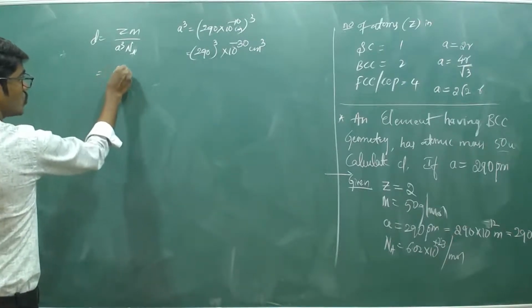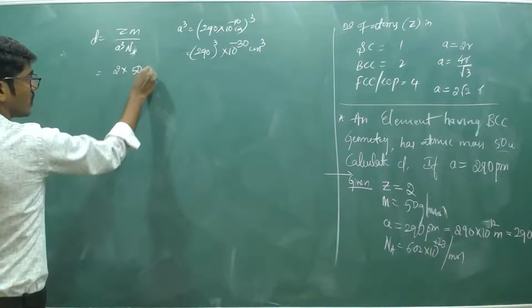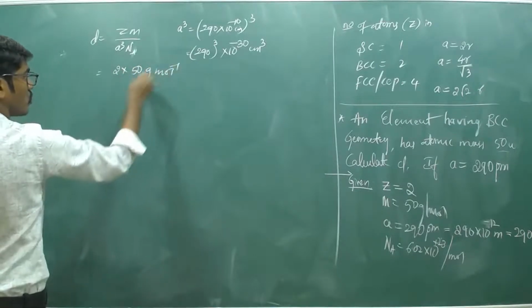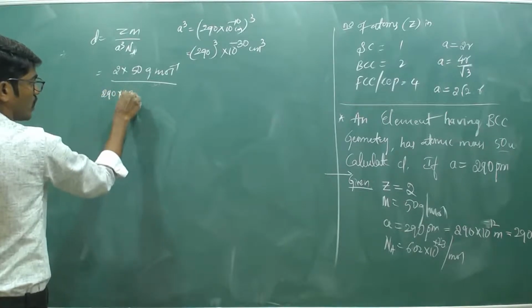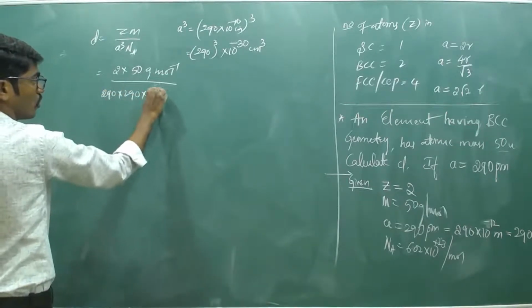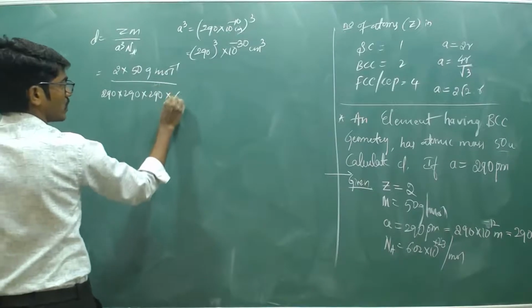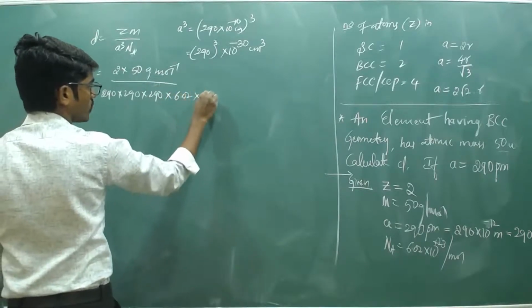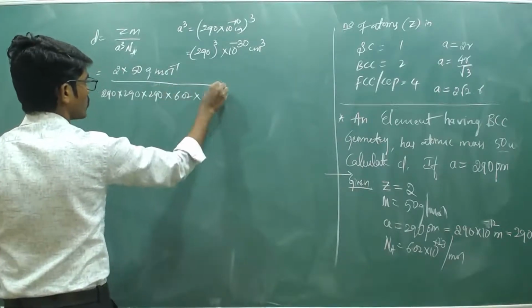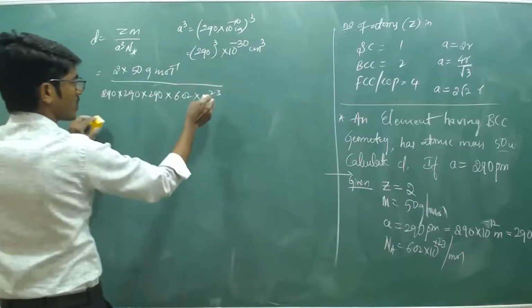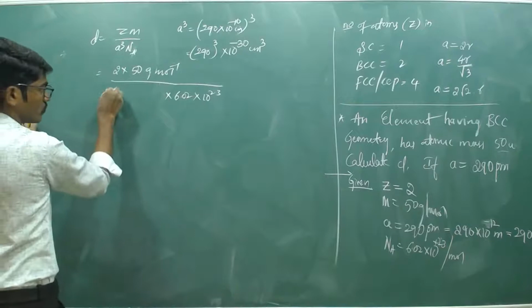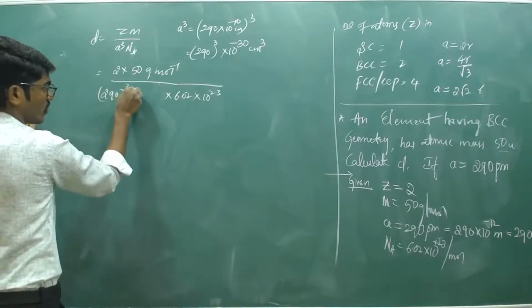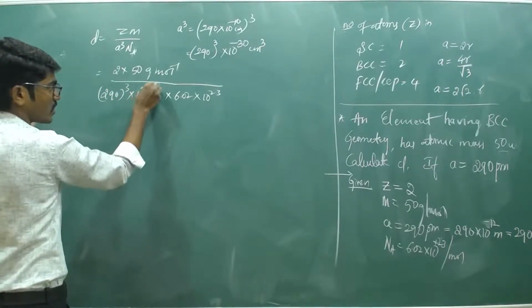Z is 2, molar mass is 50 grams per mole, divided by 290 cube into 10 to the power minus 30, into N A 6.02 into 10 to the power 23.